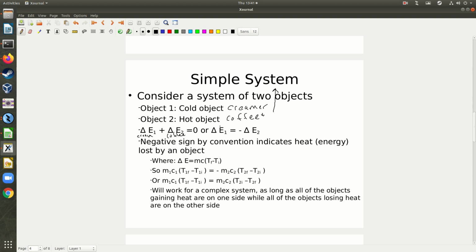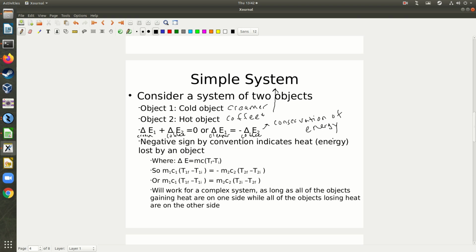And so what that means is the energy gained by your creamer is equal to the energy lost by your coffee. And so this is a conservation of energy. It's one of the many ways that energy is conserved in physics. So conservation of energy is because energy is not actually being lost to the environment, it's just changing forms.